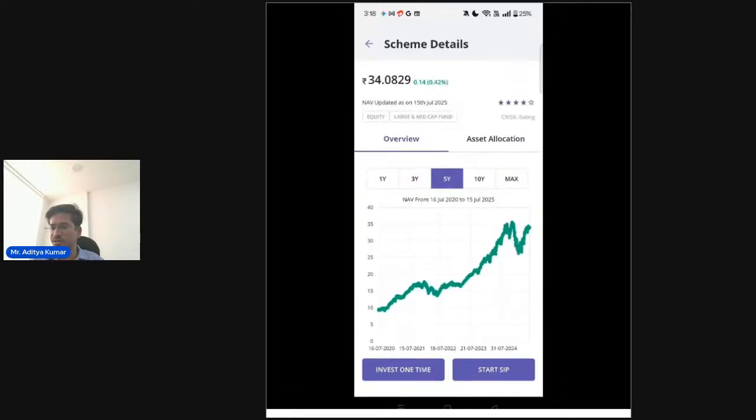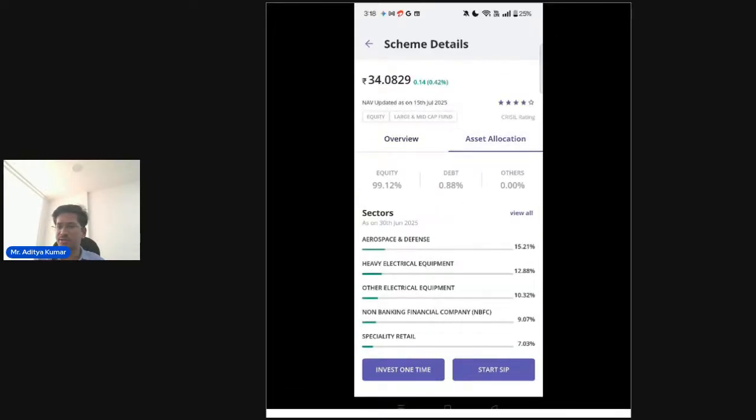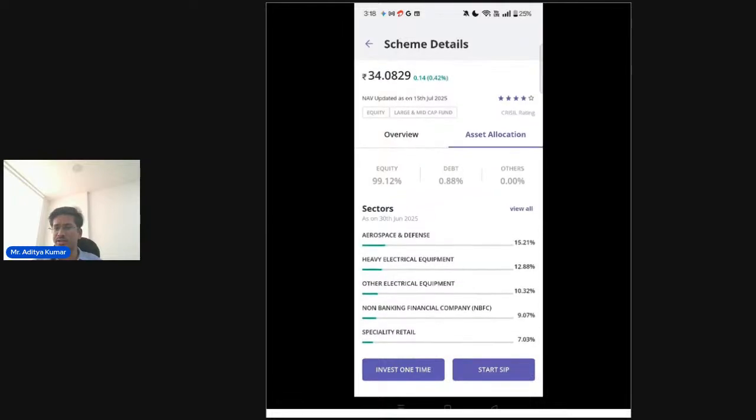Then you have this asset allocation thing. You might be wondering what that is. When you look into a mutual fund app, you will see this. This tells you where your money is invested. Like you can see equity 99.12%, investments in stocks which can grow significantly but carry a higher risk due to market ups and downs.